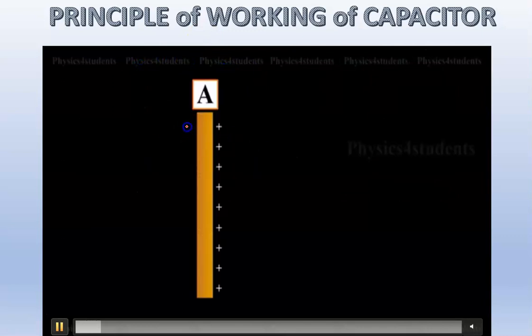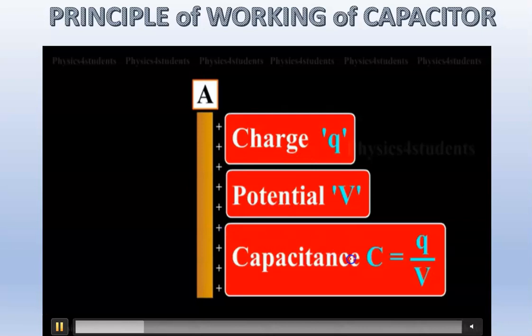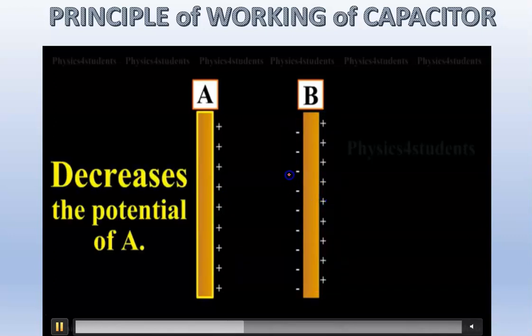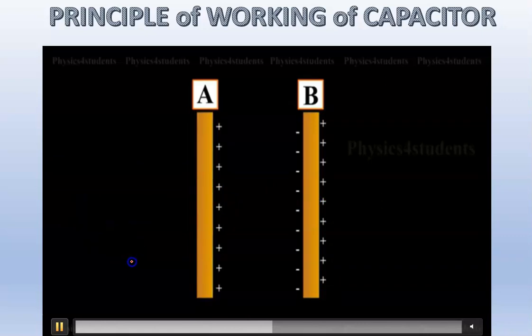To understand this, consider a conducting plate A which has charge Q, potential V, and the capacitance of this plate A is given by C equals Q by V. When another conducting plate B is brought near to A, negative charge is induced on the side of plate B which is near to A, and positive charge is induced on the other side of plate B. Negative charge will decrease the potential of A and positive charge will increase the potential of A. But the negative charge on B is nearer to A as compared to the positive charge.